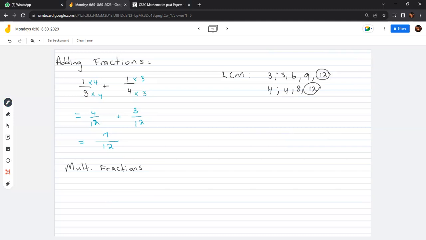Now, when it comes to multiplying fractions, let's say they gave you 3 eighths times 2 quarters.